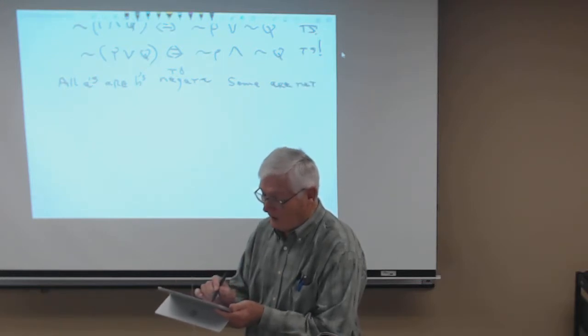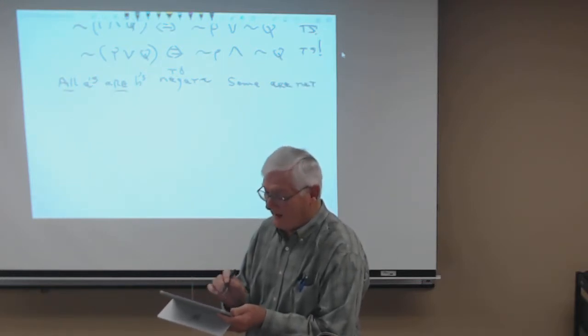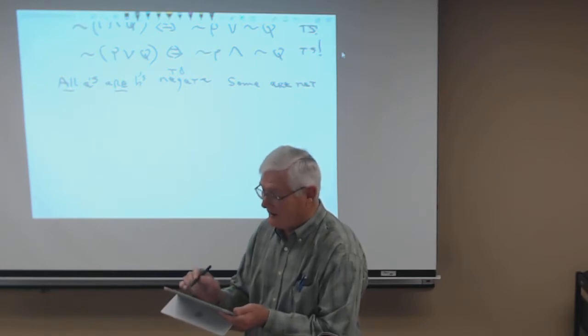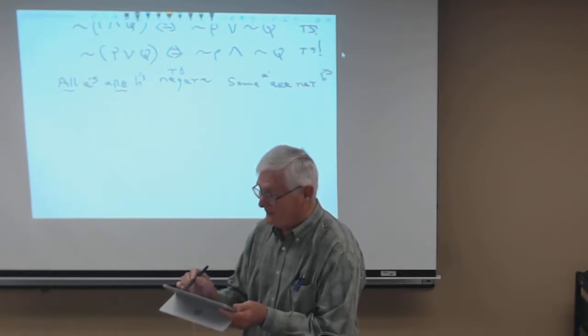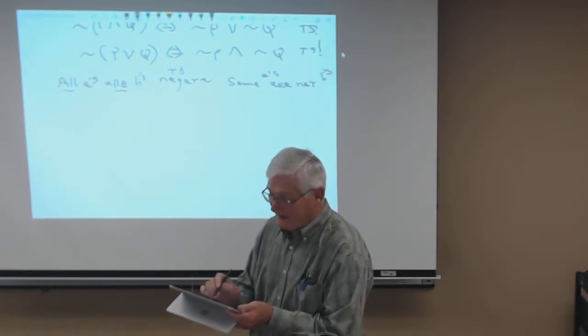See, all A's are B's. To negate that, you say some A's are not B's. But it doesn't matter what you put in there. You follow that? That's how you negate.